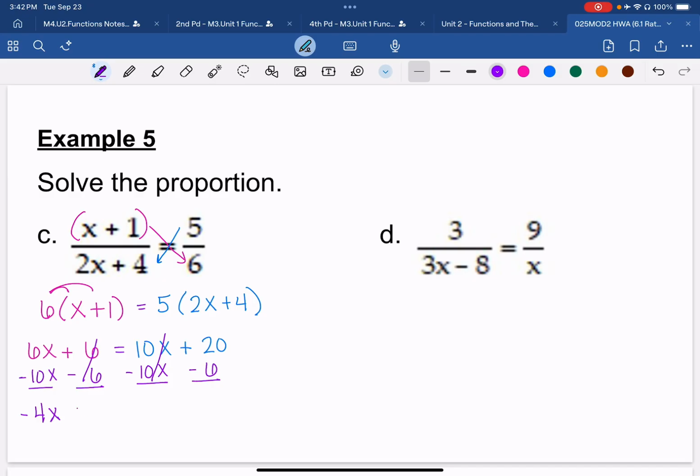That goes away. And I've got 14. I can divide by negative 4. And so x equals 14 over negative 4, which is going to simplify to negative 7 over 2.